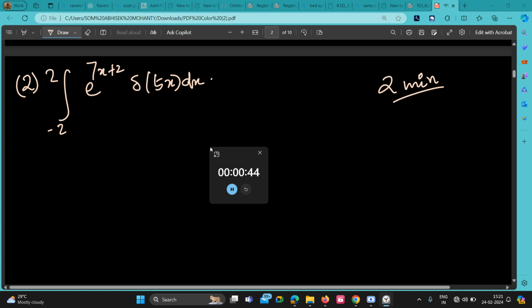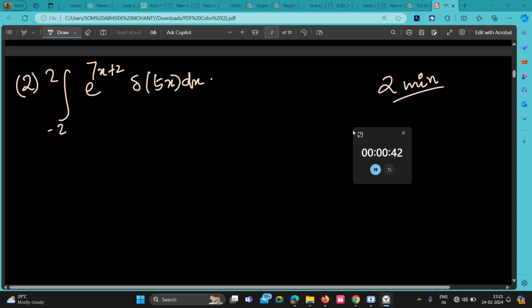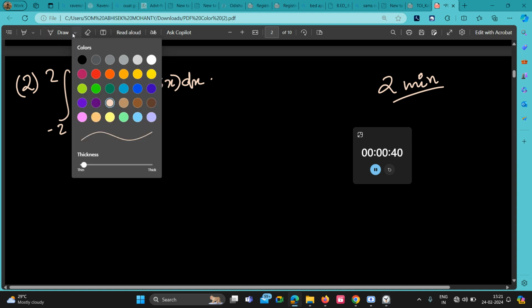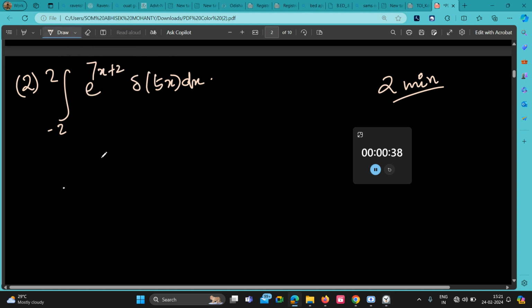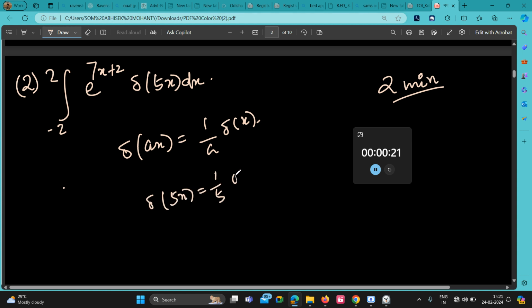Okay, how did you solve the question? See, here I can use the formula delta(ax) is equal to 1 by a delta(x), right? So this I can write as 1 by 5 delta(x). So 1 by 5 goes out.